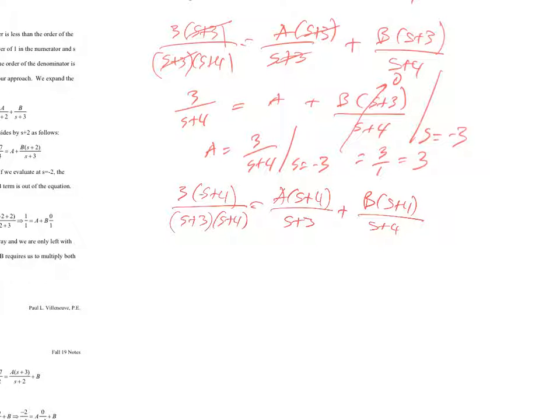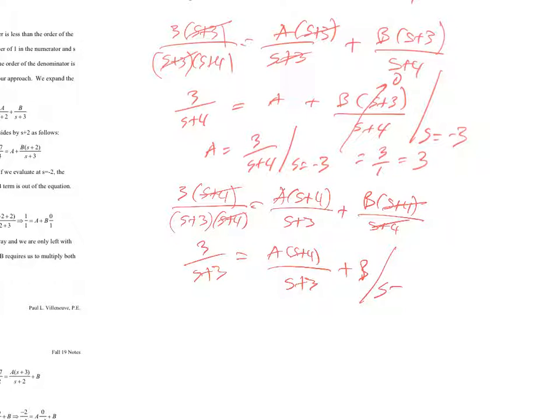Factor when I can, and I'm left with 3 over s plus 3 equals a times s plus 4 over s plus 3 plus b.